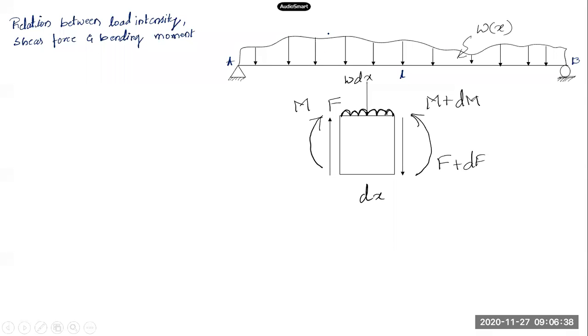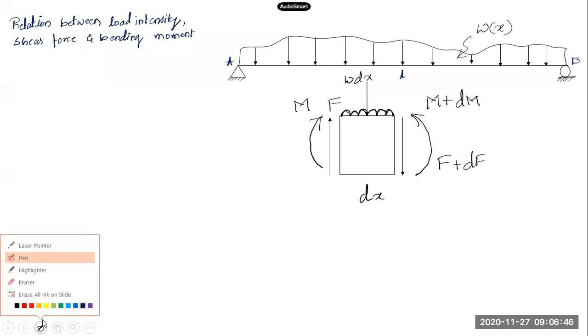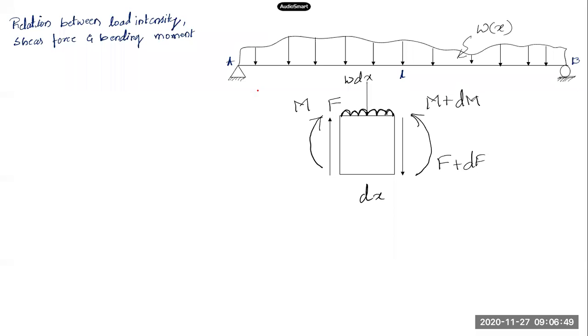Here, I'll choose a section somewhere within the span. I'll consider some small section over here. These are the two sections I have taken. Let us say this is dx.